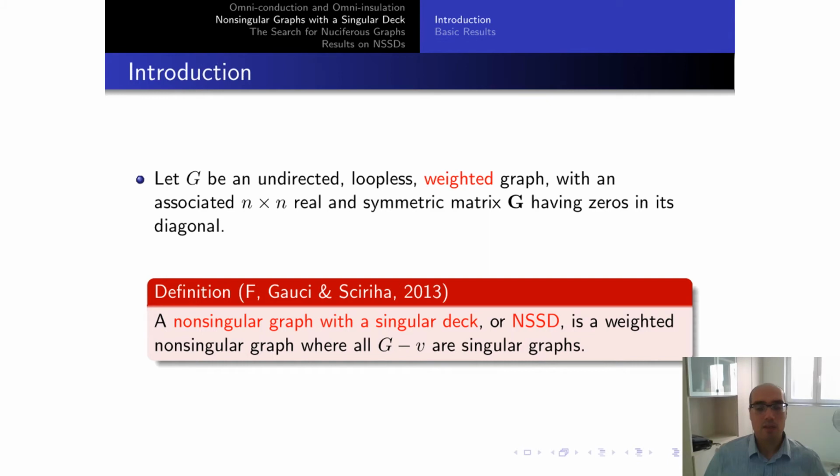And we define an SSD, or a non-singular graph with a singular deck, as being a weighted non-singular graph having singular vertex deleted subgraphs. Now, this idea is similar to what we talked about earlier when we mentioned the bipartite graphs, and in fact, SSDs can be bipartite, as we shall see soon.